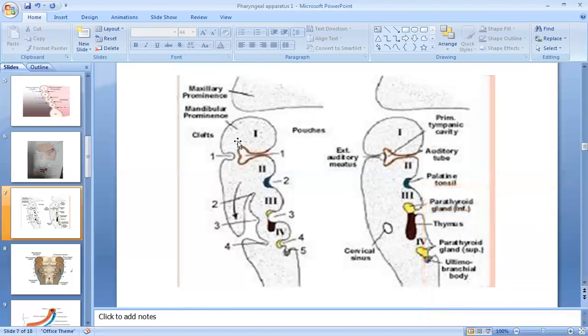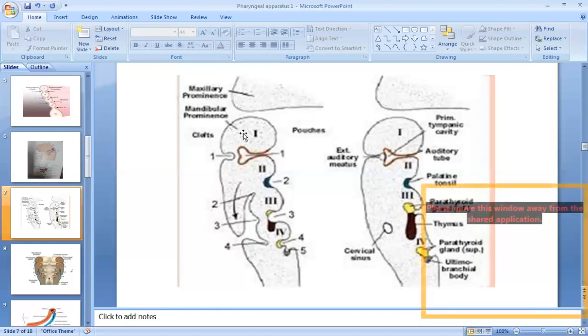The first pharyngeal arch also has a nerve, called the trigeminal nerve, which can also be called the fifth cranial nerve. This trigeminal nerve is responsible for supplying the regions covered by the first pharyngeal arch, both sensory and motor. We will discuss it in detail.